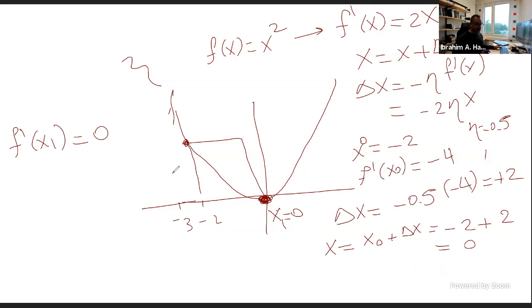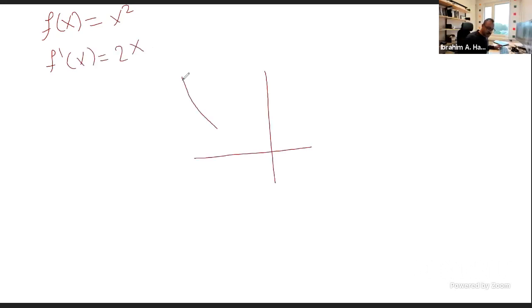But is it clear how we can do it? We can do it one more time, but using more steps. So this is my function, x square, and f dash of x will be 2 times x, right? I will plot my function again, but this time I will start from another random value. Imagine that I started from -5, and the learning rate will be 0.5, right?